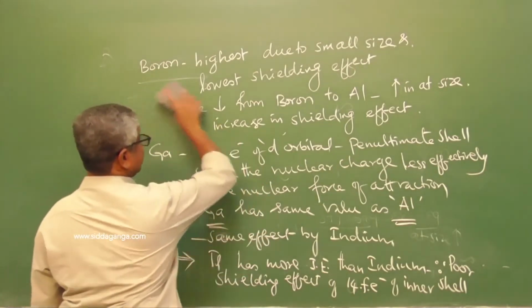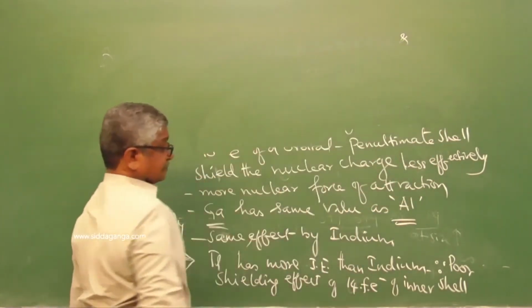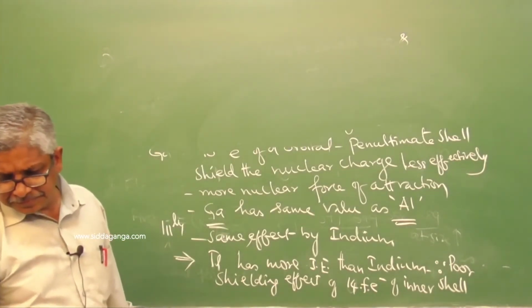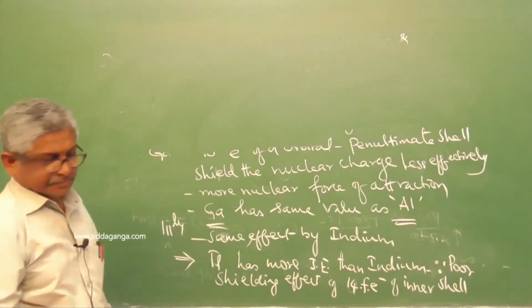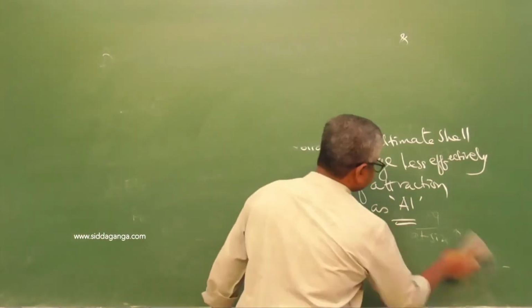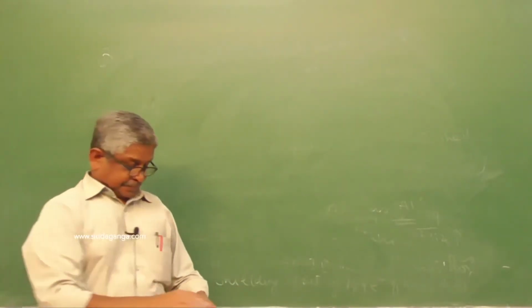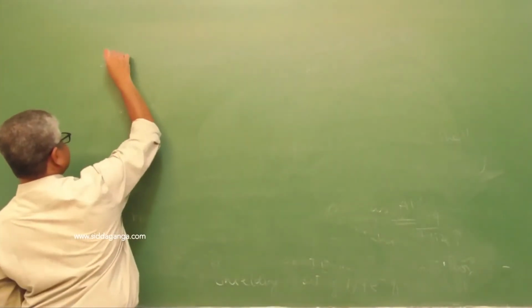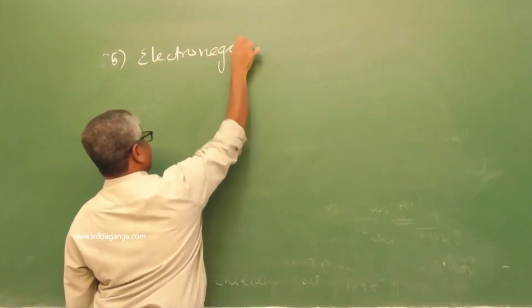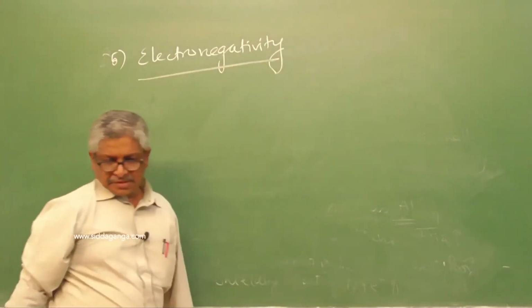Next it is electronegativity, the fifth general property.